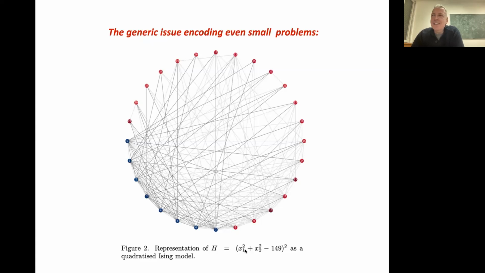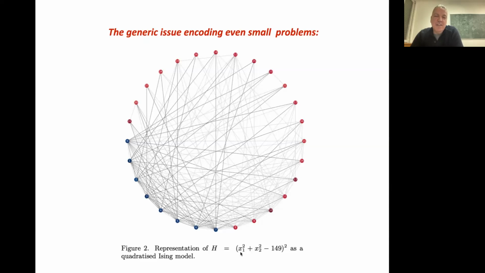So to encode something like solving for the standard models and putting a string theory on an annealer, you basically just fill the whole annealer before you've even got close to putting the problem on there. Part of the problem is that this is a quartic equation.